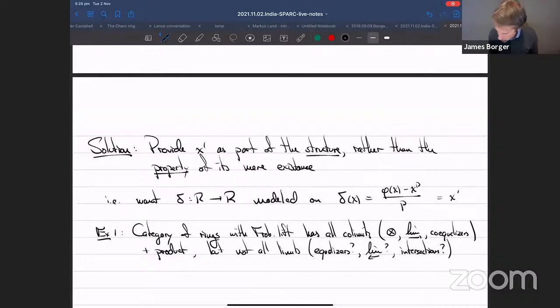And the point is that if this x prime is not uniquely determined, then things can go wrong. If you have two different subrings, an x prime on one and an x prime on the other, that doesn't mean those x primes actually live in the intersection. For instance, if we're talking about intersections.